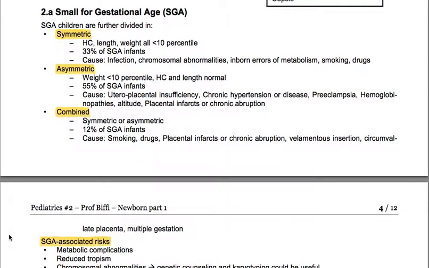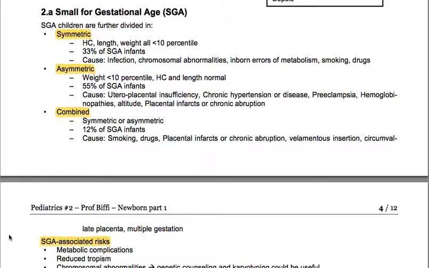So, we can define a child as small for gestational age. They can be further divided into symmetric: if circumference, length, and weight are all less than the 10th percentile, they are 33% of small for gestational age infants. The causes are infection, chromosomal abnormalities, inborn errors of metabolism, smoking, and drugs.